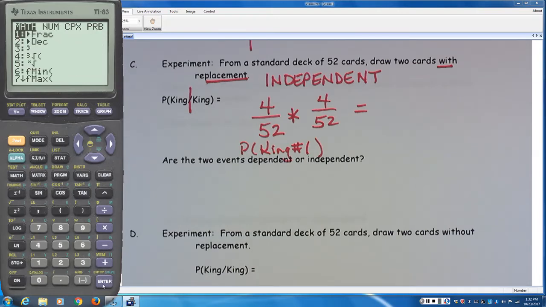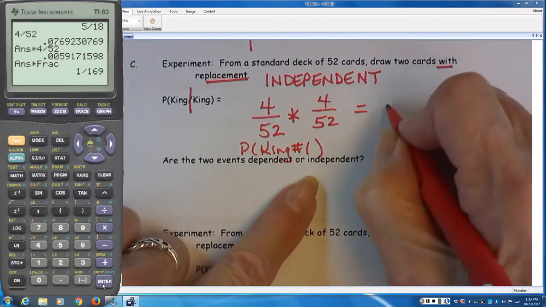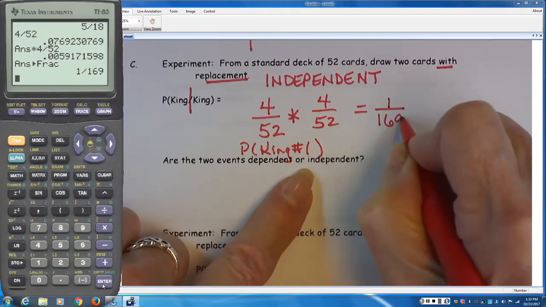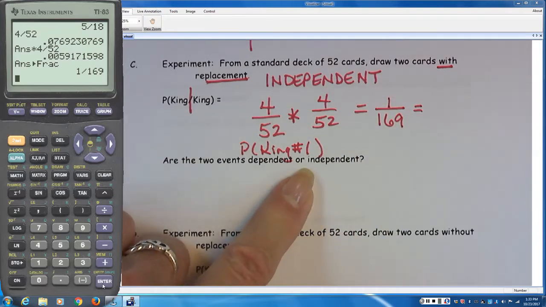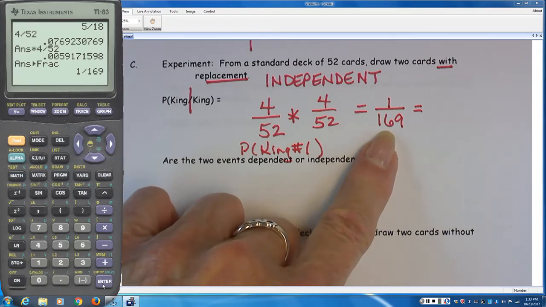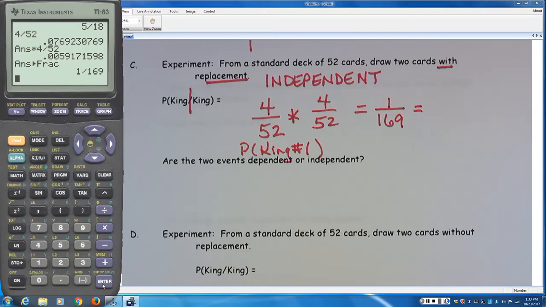I don't know if this is going to work or not. Oh, it did. So that's 1 over 169. And even without converting that to a decimal, I know that's not very likely. That's pretty unlikely. So it was 0.0059.